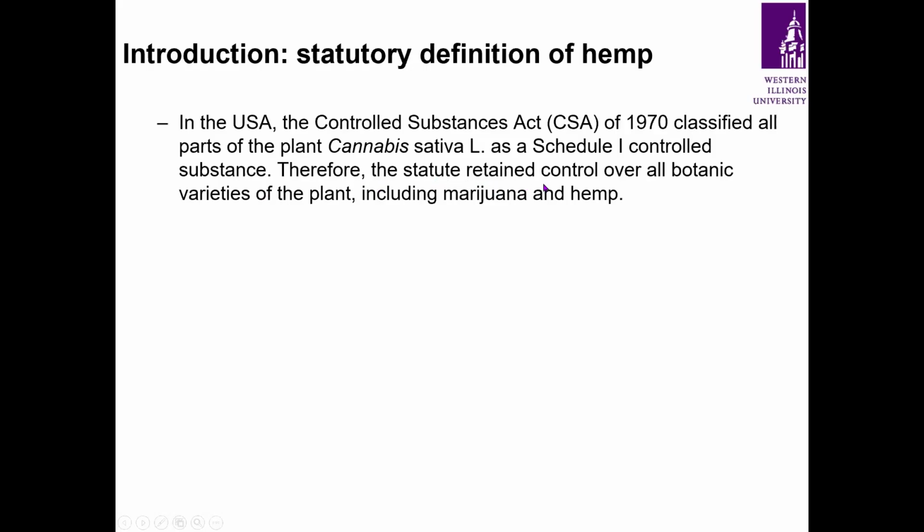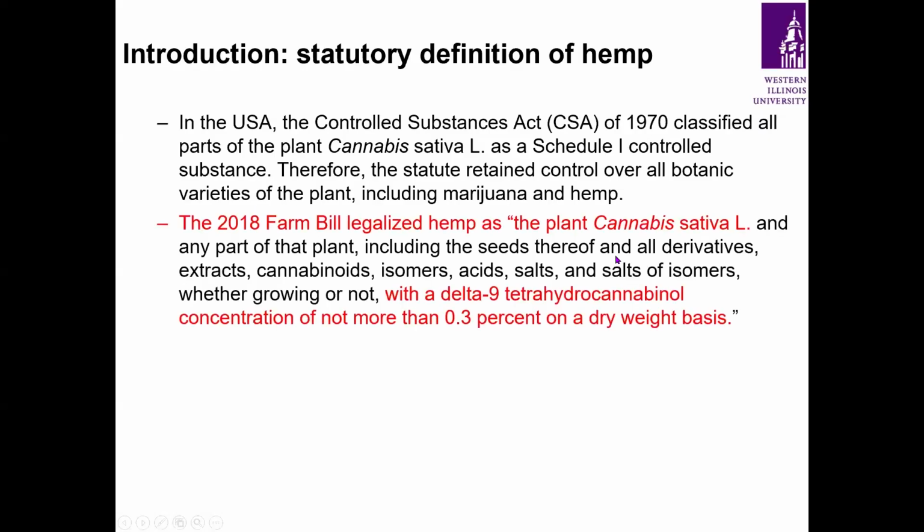Therefore, the statute retained control over all botanic varieties of the plant, including marijuana and hemp. Now, the 2018 Farm Bill legalized hemp as the plant with a delta-9 THC concentration of not more than 0.3% on a dry weight basis.